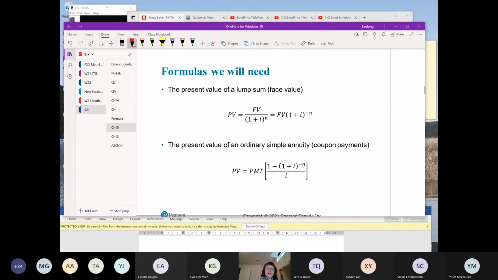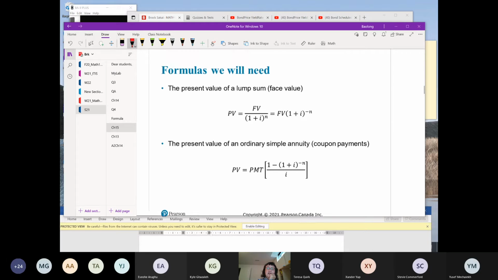So next, we are going to give you the formula. Okay, take an example. I have 1,000 face value. I bought a 1,000 bond, matured in 10 years.